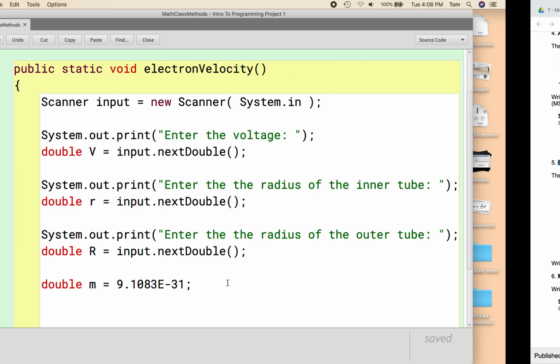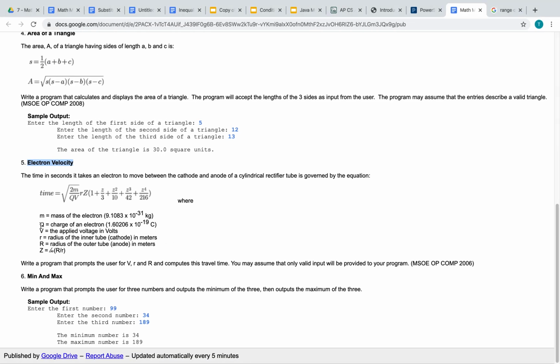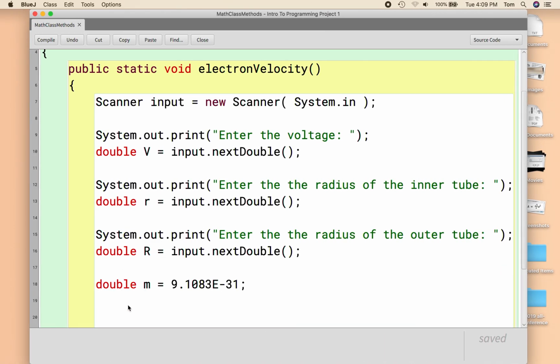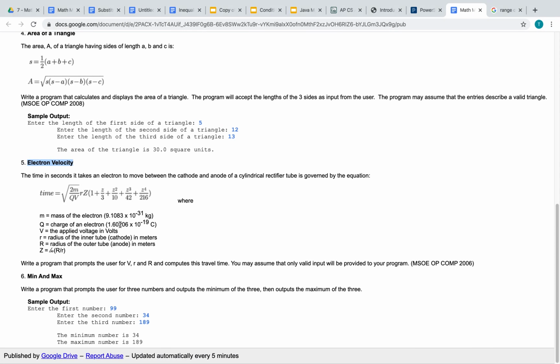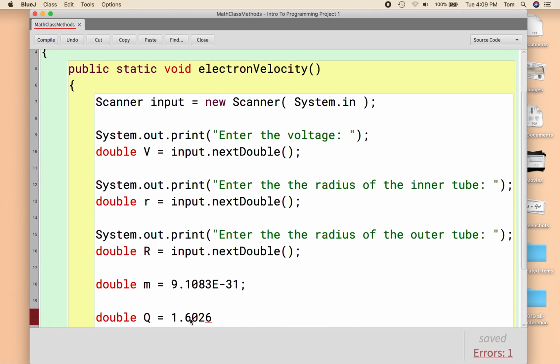All right. And so similarly, we're going to do something with Q, the charge of an electron, 1.60206. Okay. I think I screwed that up. 1.60206.